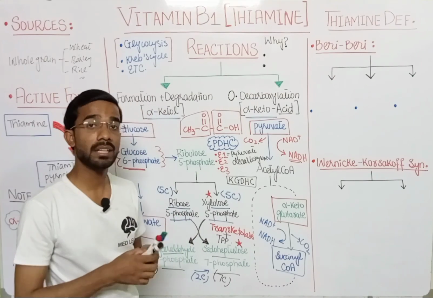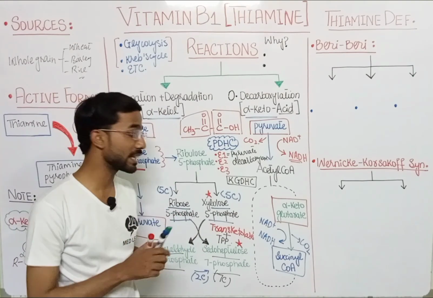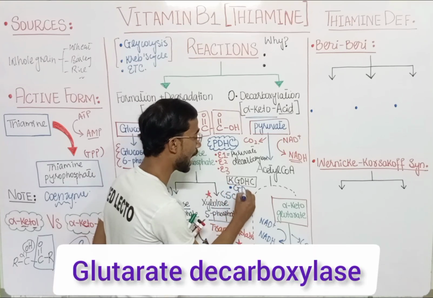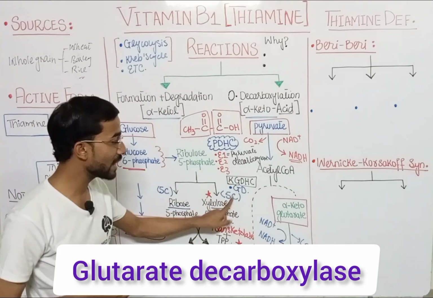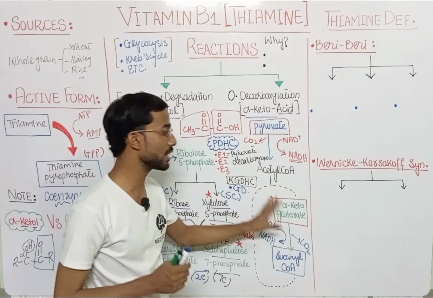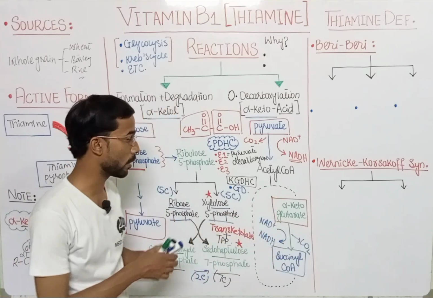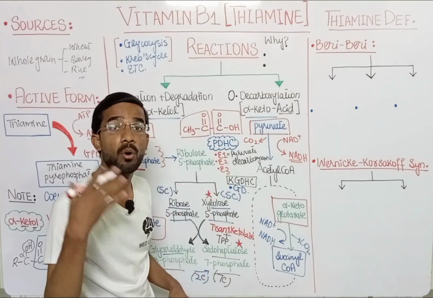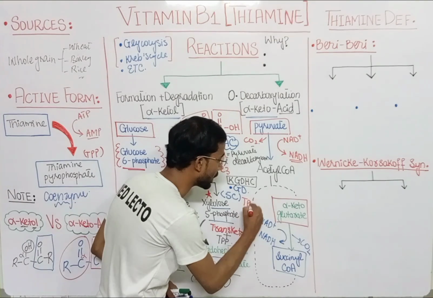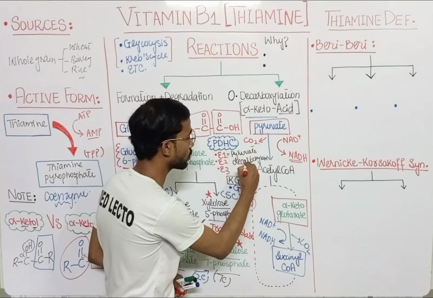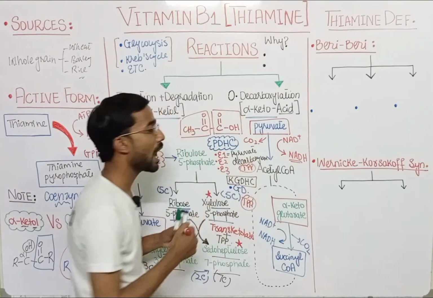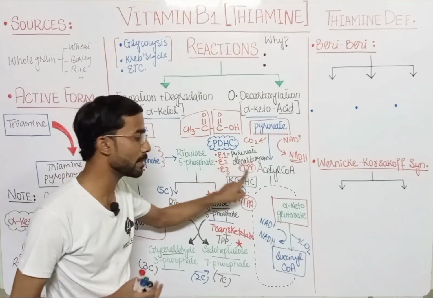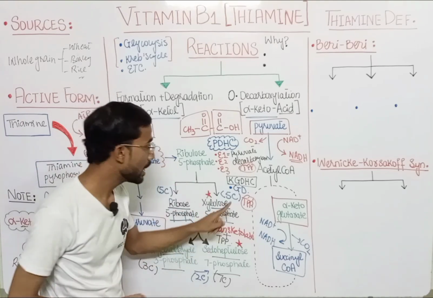This complex also contains different enzymes, but the important enzyme is alpha ketoglutarate decarboxylase, which is involved in the conversion of alpha ketoglutarate to succinyl CoA. This enzyme requires a coenzyme or cofactor, and that is TPP. Overall, if we summarize, pyruvate decarboxylase requires TPP as a coenzyme.